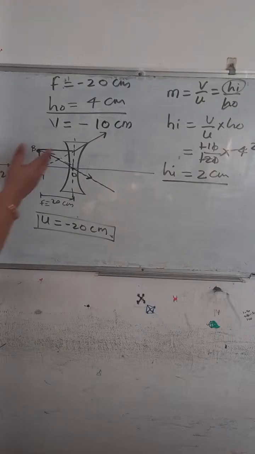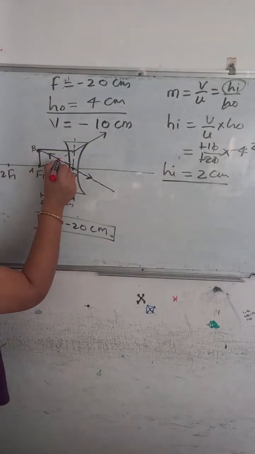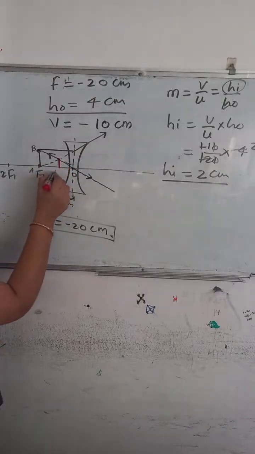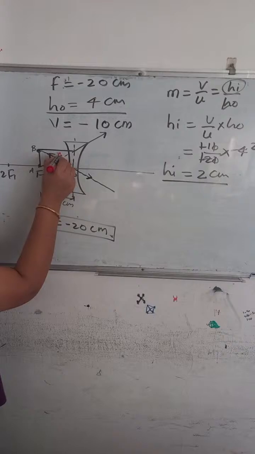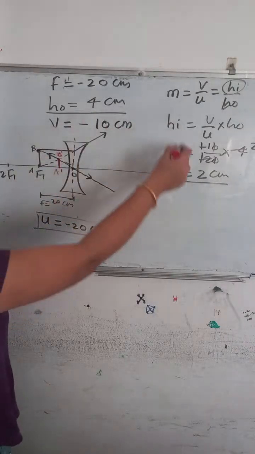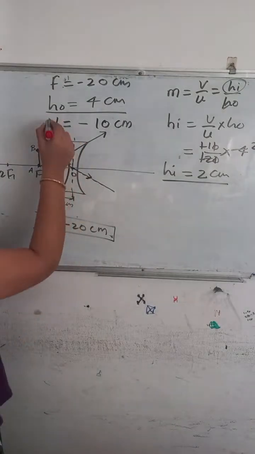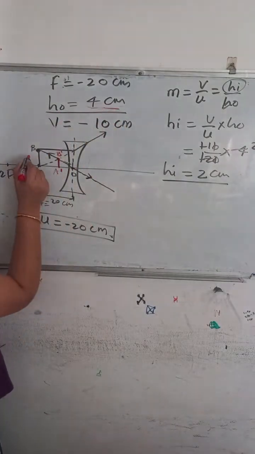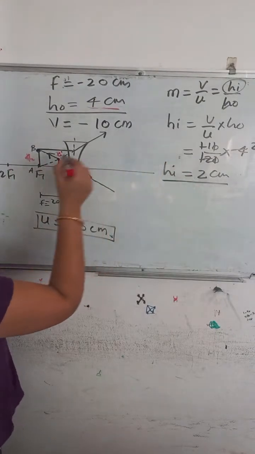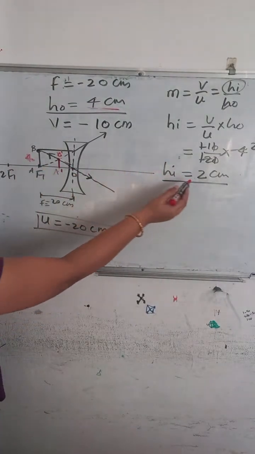Where these two rays are intersecting, from that point you can drop a perpendicular on the principal axis. This you will get as a dash and this as b dash. I kept the values as it is here. So ho is 4, and the image I got is 2 centimeters. So a dash b dash is 2 also.